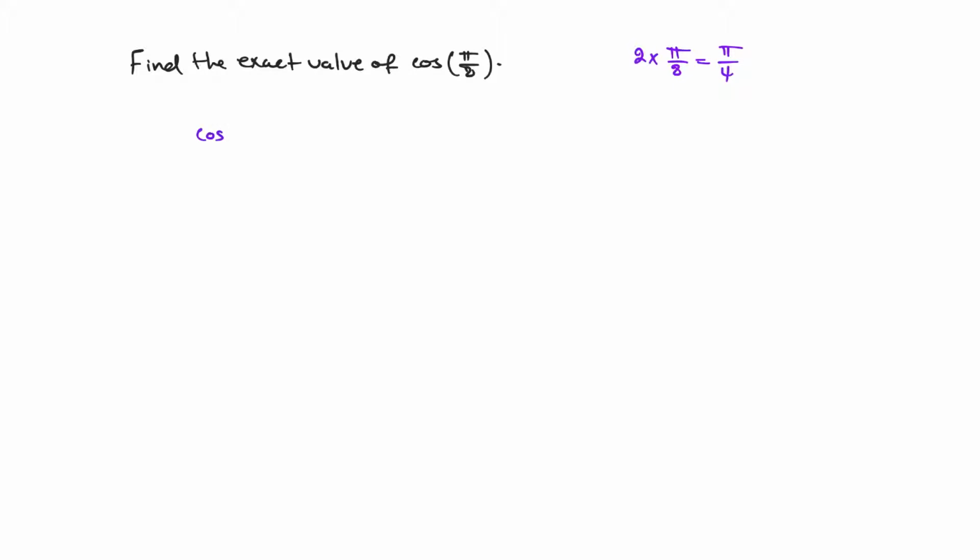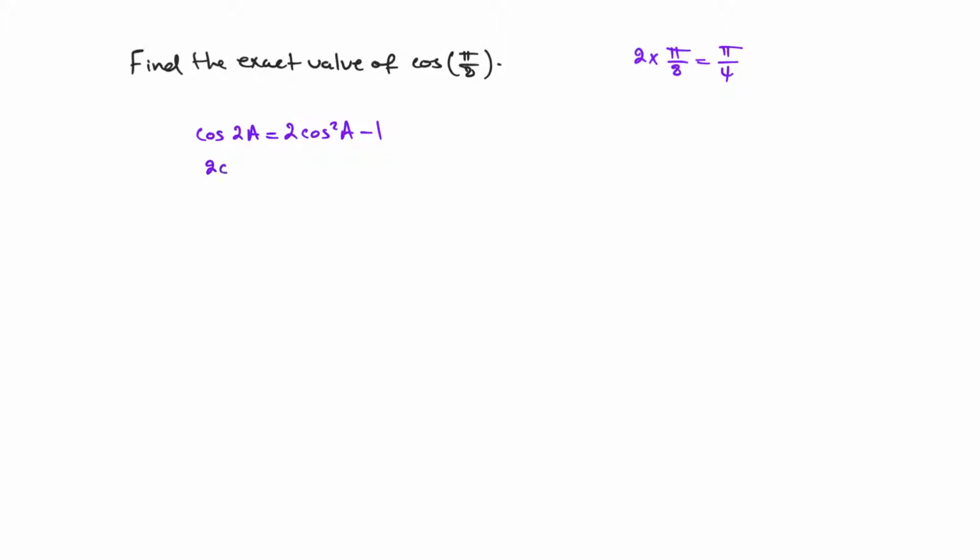So we know that cosine of 2a is equal to 2 cos squared a minus 1. And this is good because cosine of 2a would be cosine of pi over 4, so we know the value of that. Here we're left with cosine squared of pi over 8, which we can isolate and calculate the value.